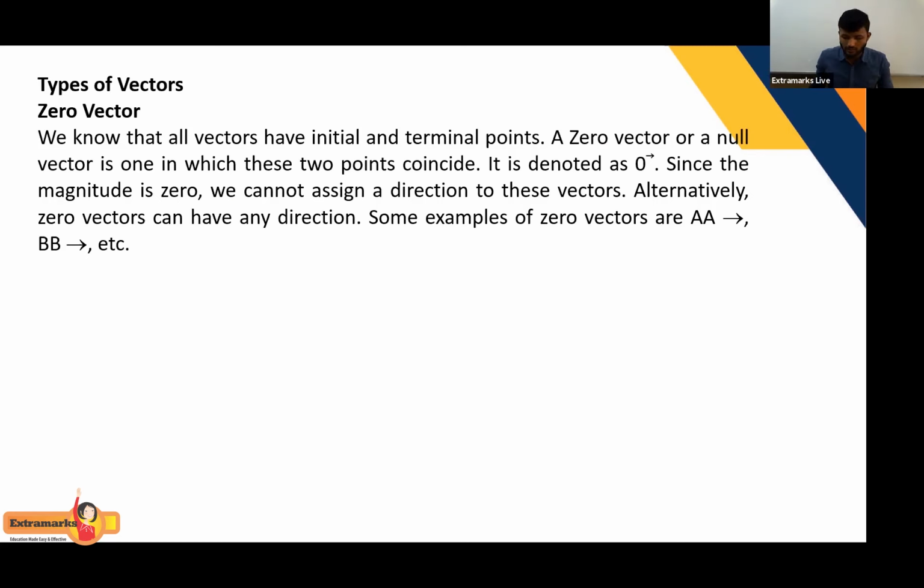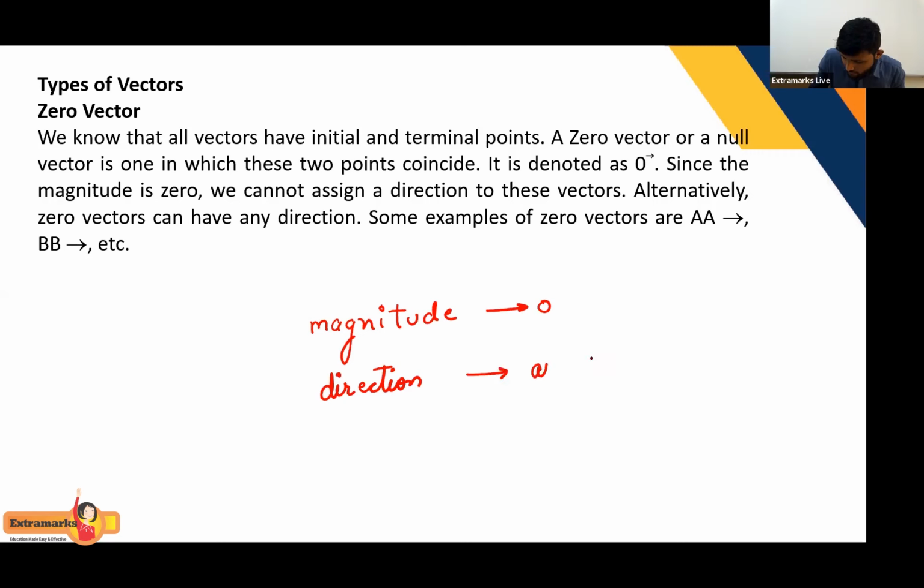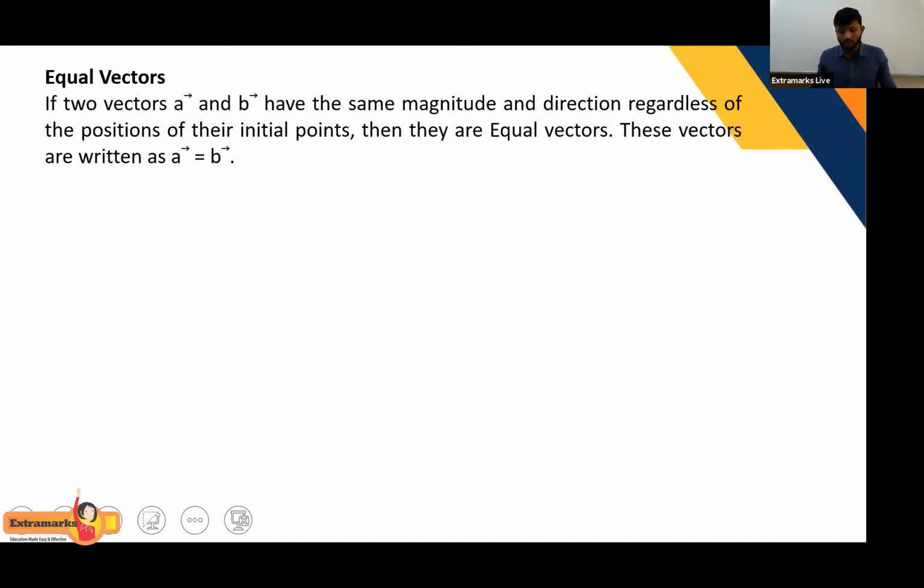Your doubt is correct. Basically, its magnitude is zero, that is its length is zero, and its direction is arbitrary. It means whatever direction you want to assume, you can, because it is of no use, right? Zero.